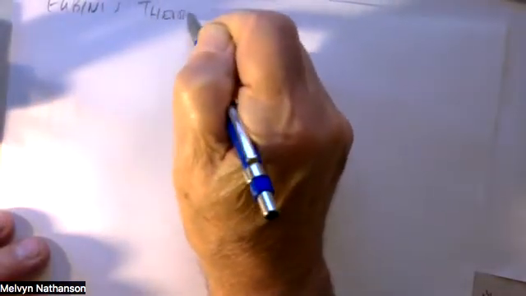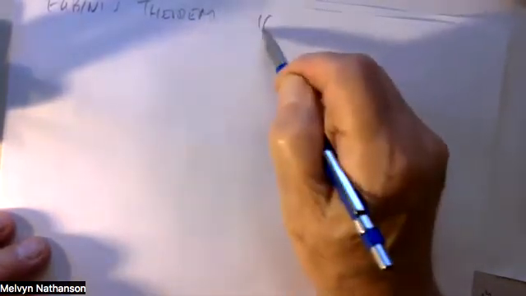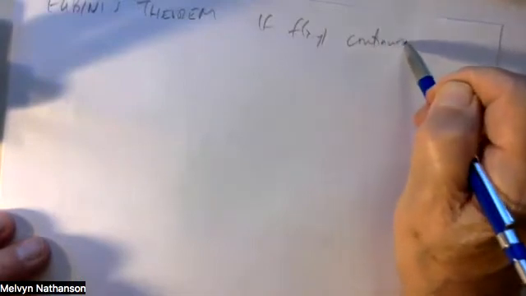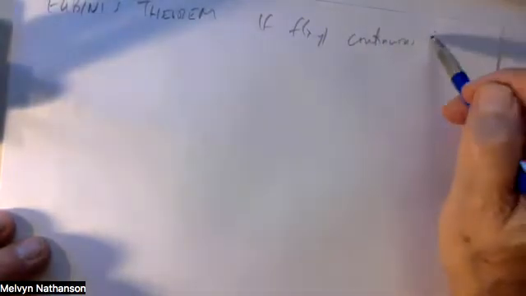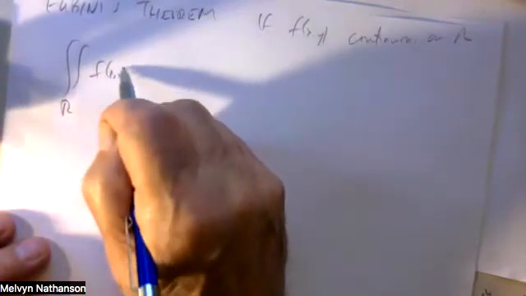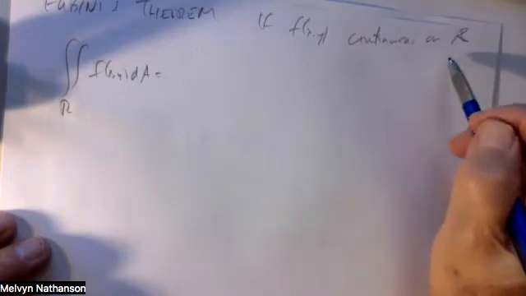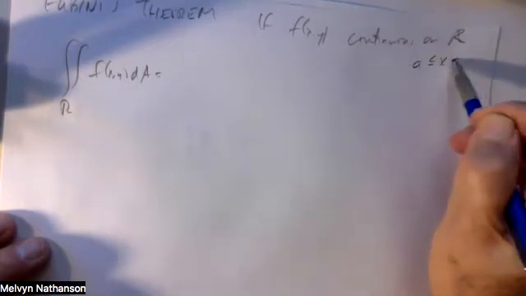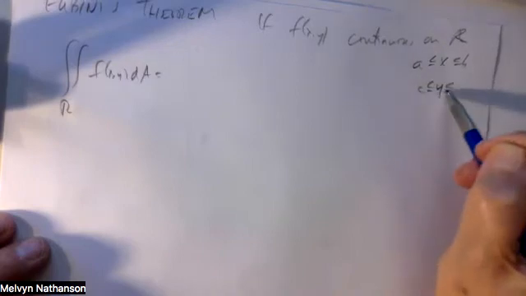This is a special case of what is called Fubini's theorem, which says that if f of x, y is continuous on some rectangle R, and you're computing the double integral over R of f of x, y dA, suppose R is x goes from a to b, y goes from c to d.